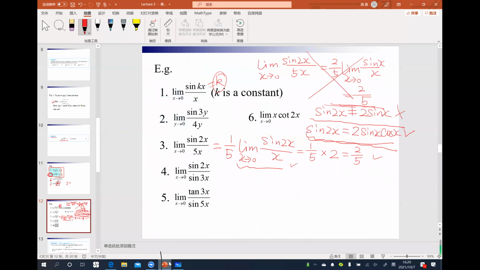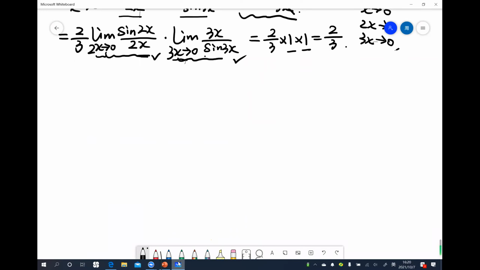So we use that result to solve number 5: the limit of tangent 3x over sine 5x as x approaches 0.